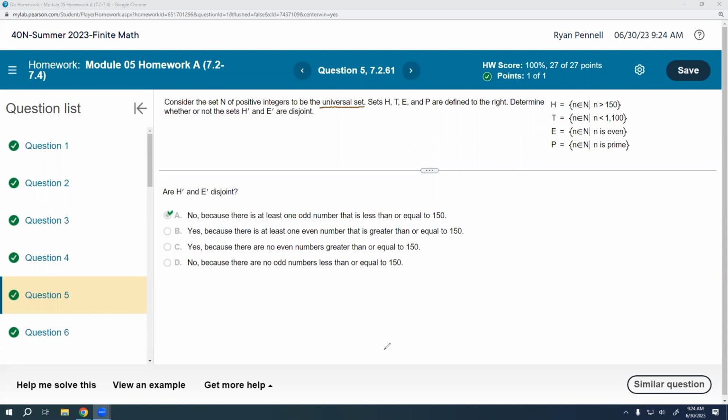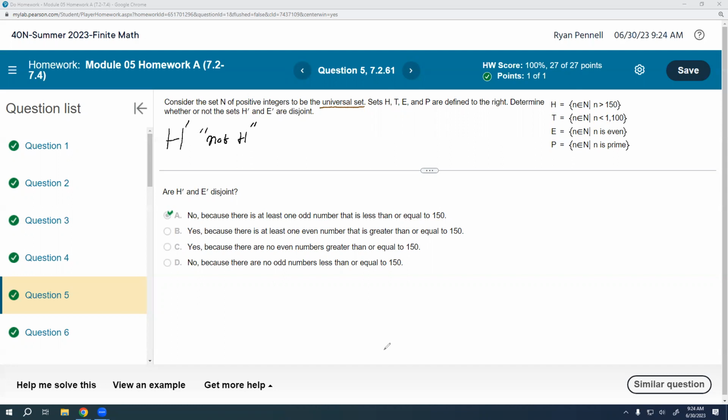Okay, we have a lot of vocab to go over in this one. So universal set is the set that contains everything. What is this H prime here? We'll denote this as not H. Okay, this is H complement.